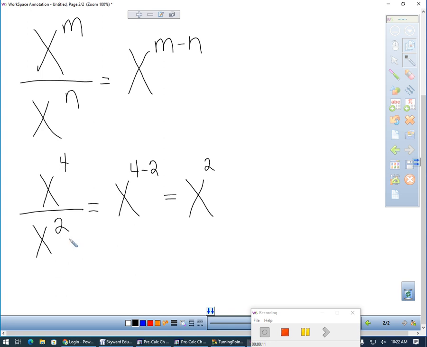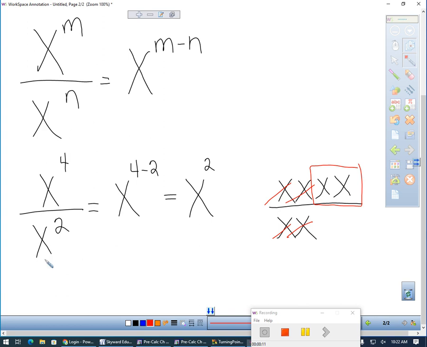The reason this works is because x to the fourth means I have 4 x's all multiplied together, divided by, on the bottom, x squared, or 2 x's. So then I can cancel any of the same factors. So what does that leave me with? Yeah, x squared. That's why it works. You should have done it in Math 8, yes. Okay.